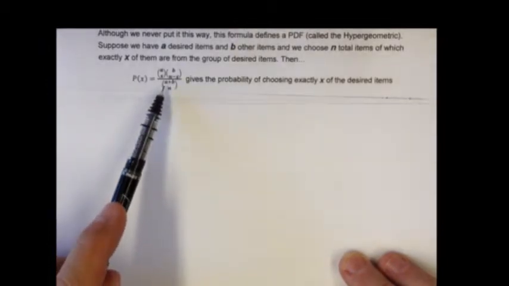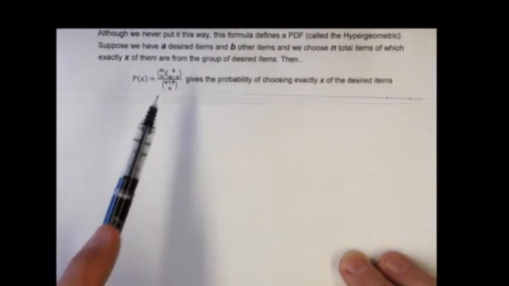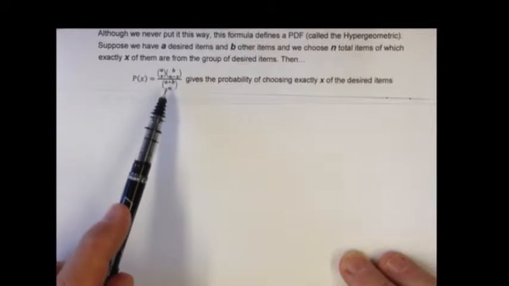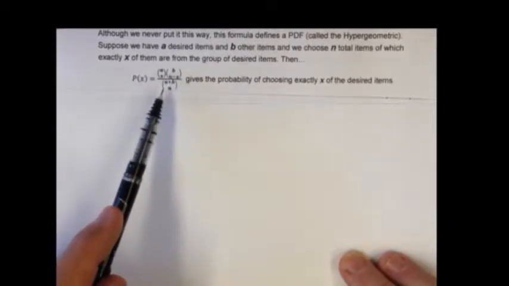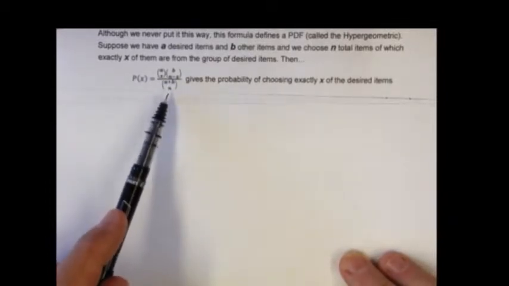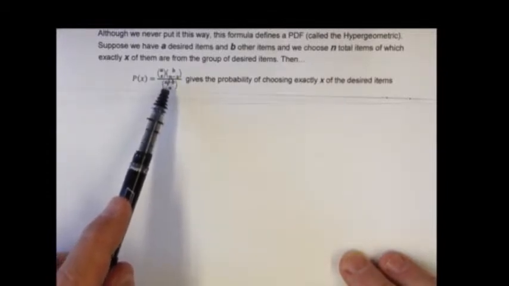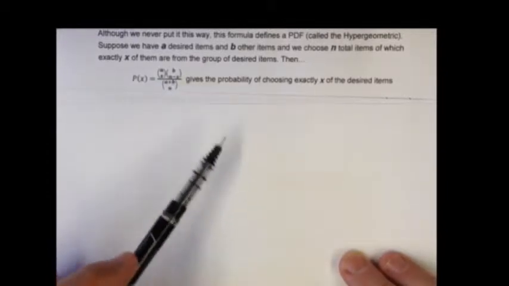And down at the bottom, I don't care what color they are, or whether they're desired or not, so I just add up the two amounts, A and B, and I'm choosing N things, so it's going to be N choose, and notice that X plus N minus X just adds up to N as well.